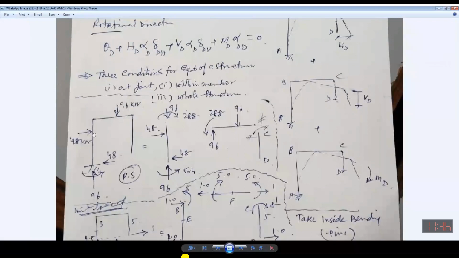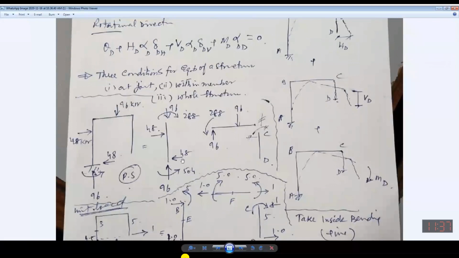Now over there, you can see this 96 is passing through this one, so it will have no effect on the moment. 48 will have some effect, and 504 will have some effect.